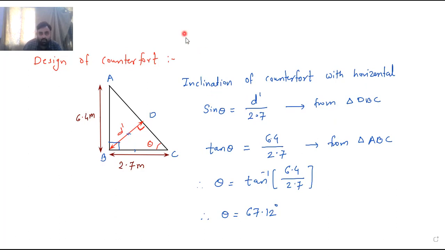So d dash is equal to 2.7 into sine of 67.12 degree, which comes out to be 2.487 meter, which is nothing but 2487 mm.